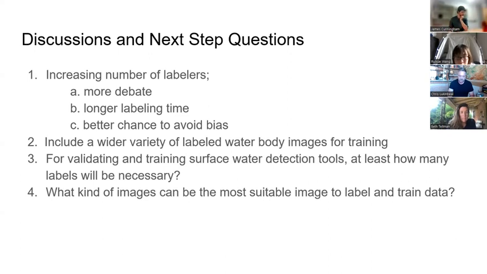But we also had a discussion: if we include areas with very detailed or small water bodies, would it cause more noise for the methods? But I think it depends on the method, on what kind of water body the method wants to detect.